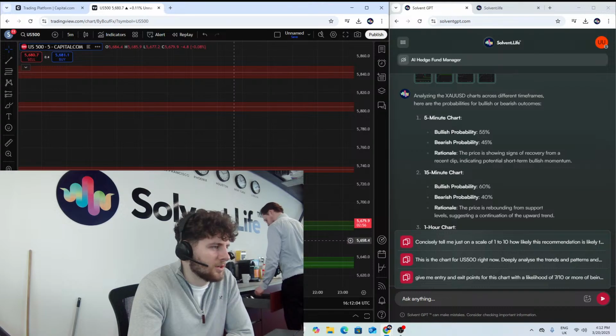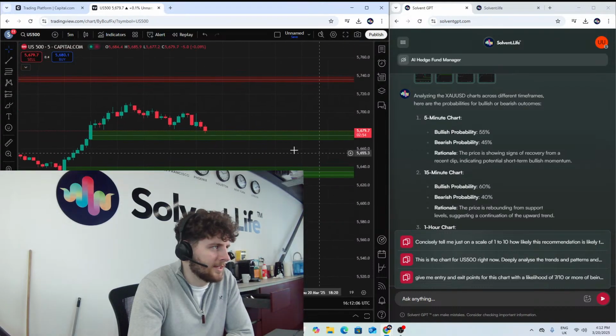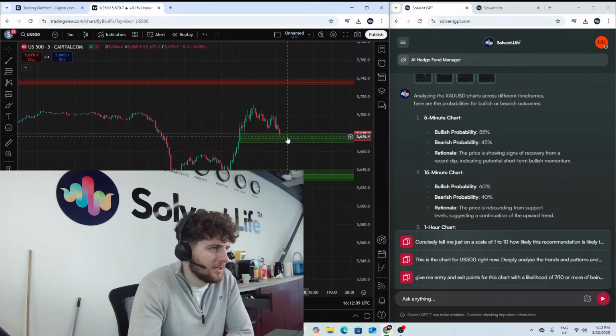But since then it has recovered. I think it will continue to push downwards until it touches that point, and then we can definitely think about entering.